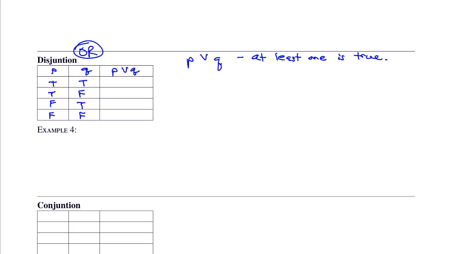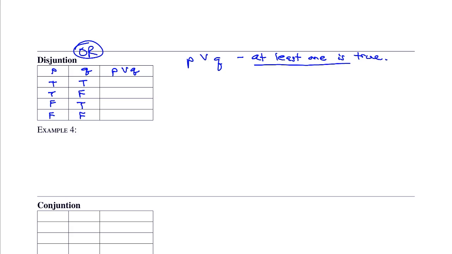You either go to McDonald's or you go to Taco Bell. That's a different or than this or. This or does not preclude the possibility that you go to both of them. All right? You get a Big Mac and a taco. Okay? So that's why it's written this way.